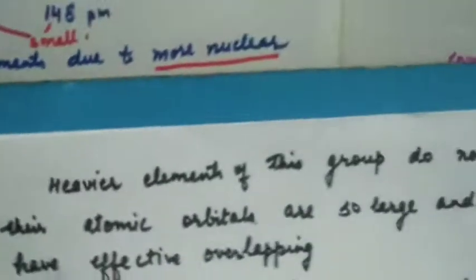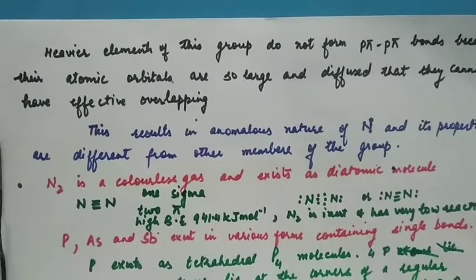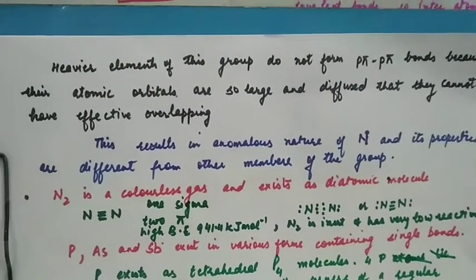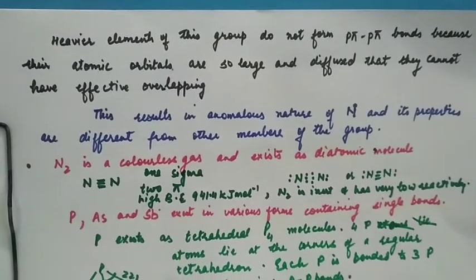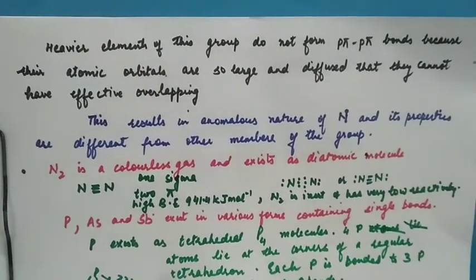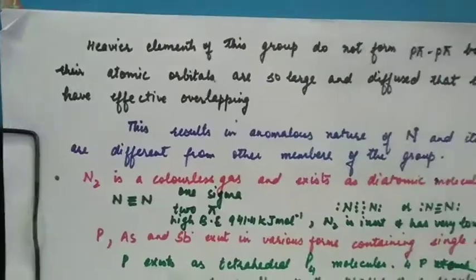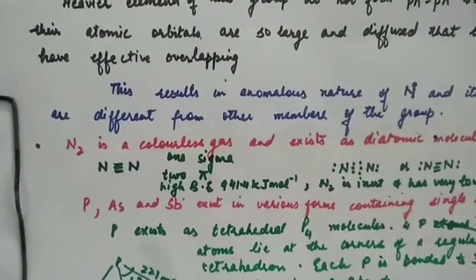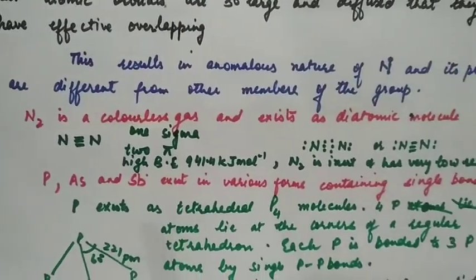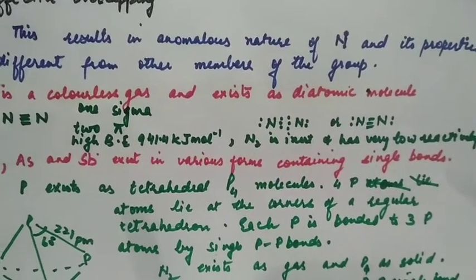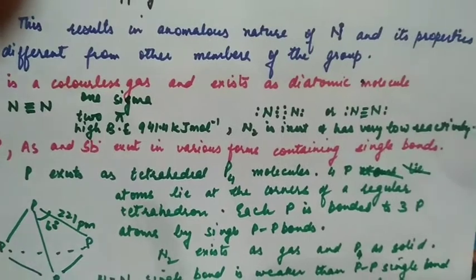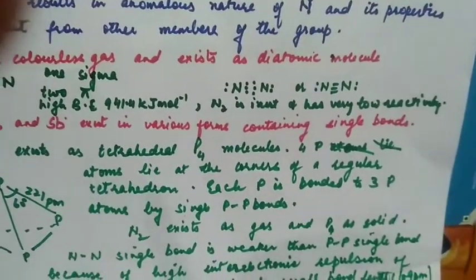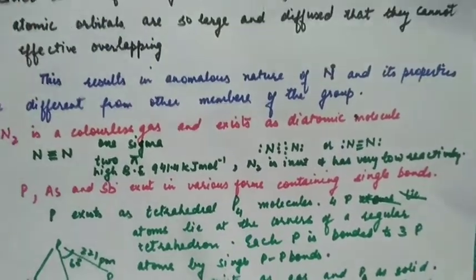Heavier elements of this group do not form p-pi bonds because their atomic orbitals are so large and diffuse that they do not show effective overlapping. Because of this, nitrogen is a colorless gas and exists as a diatomic molecule, whereas phosphorus, arsenic and antimony exist in various solid forms containing single bonds.